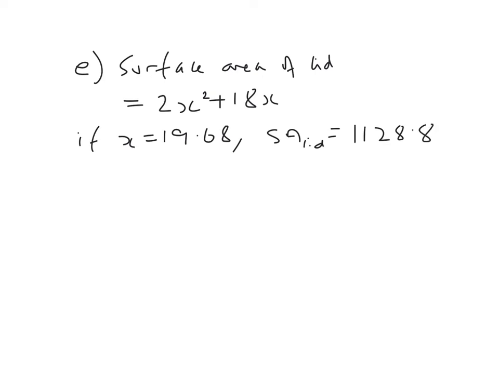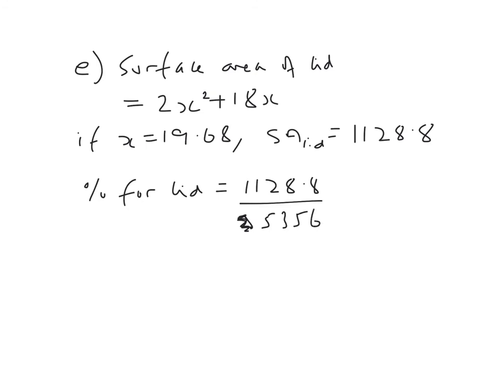So the percentage for the lid is 1128.8 divided by the total surface area, it's not the volume, it's 5356, and multiplied by 100, which works out to be 21.1% to 1 decimal place.